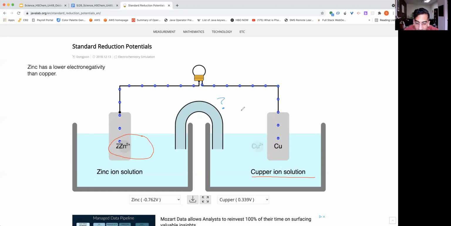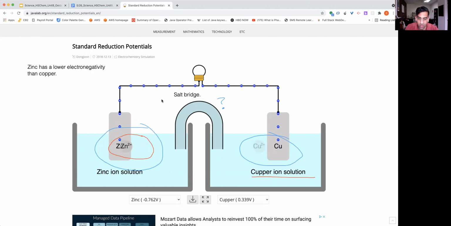There is always an imbalance in the ion solution. It's because it's an ion solution. However, given that there will be spare positive ions flowing in and imbalancing this side over here, and there will be spare positive ions flowing out into the metal bar, and imbalancing this to the negative side over here, we need something else to balance it all out. This right here is the salt bridge.